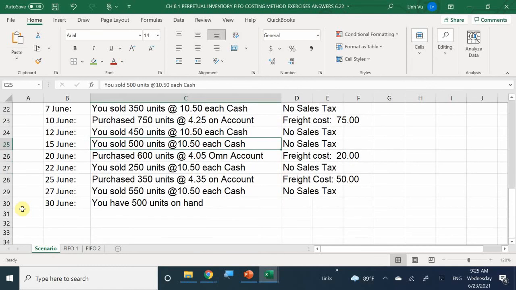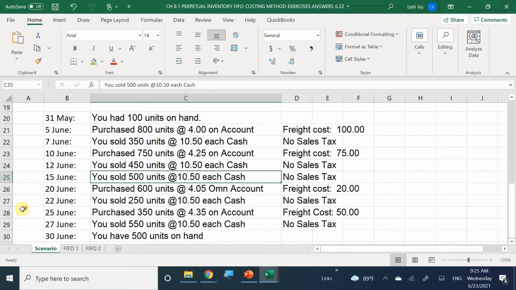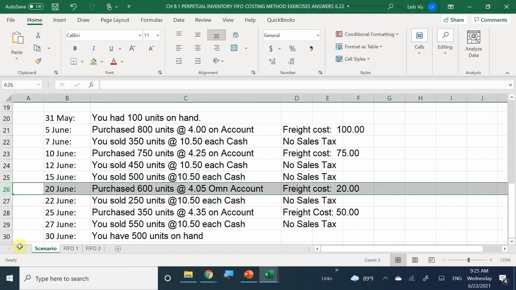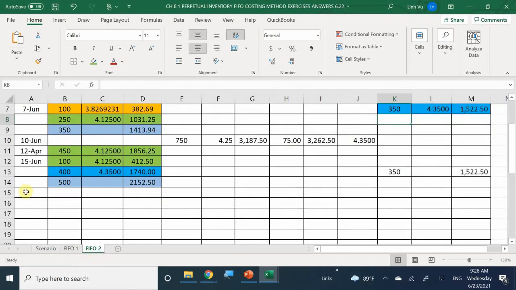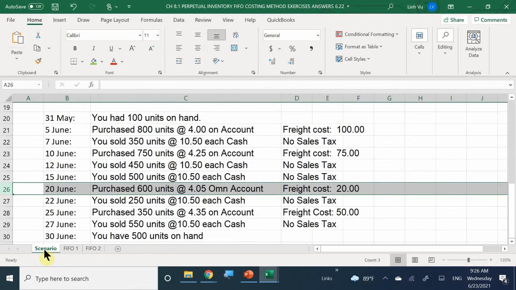So then, let's see here. On June 20th, what happened here? Purchase 600 more units at 405 with a cost of 20. So look for an empty space. What was the date again? June 20th.